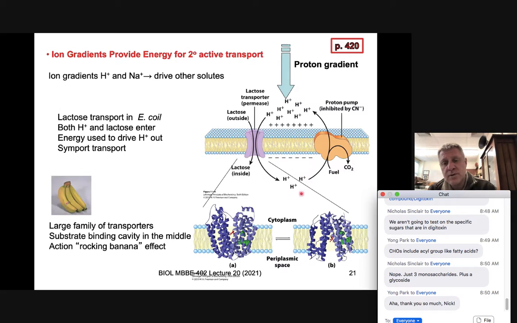But we also need to deplete these protons in the cytosol of the cell to allow us to maintain this electropotential gradient. Because if we started getting to equilibrium and the charge distribution became zero, the transportation of lactose will cease because there's no further movement of hydrogen ions into the cell. So we're going to have to deplete the incoming protons to maintain this cycle, in regards to the continual movement of lactose into the cell.